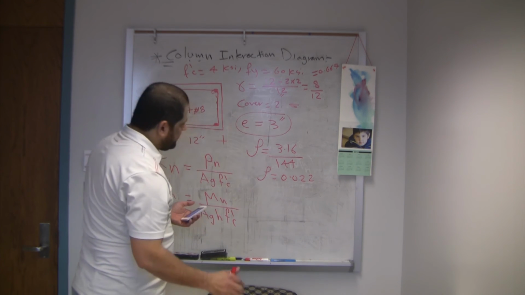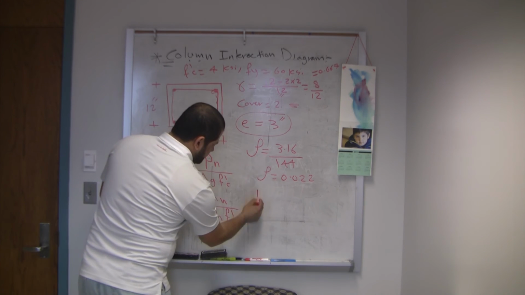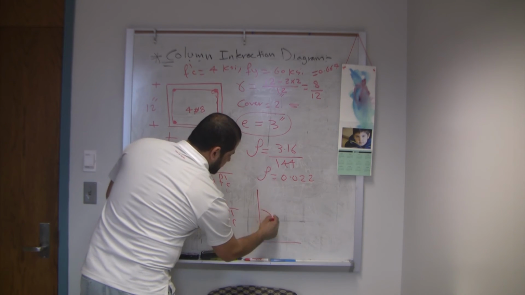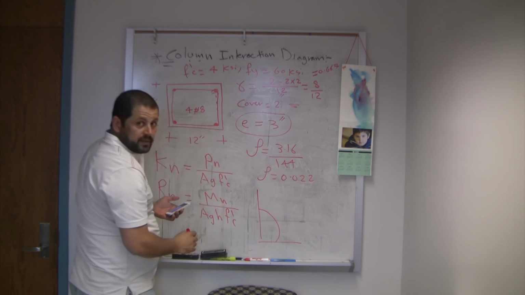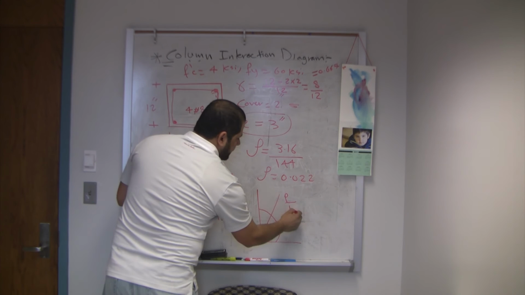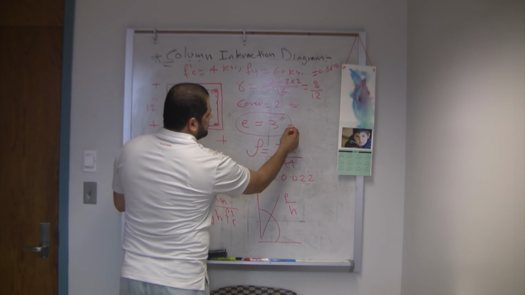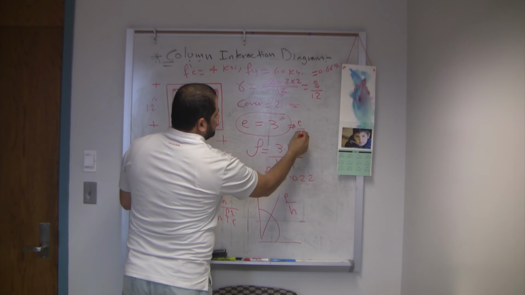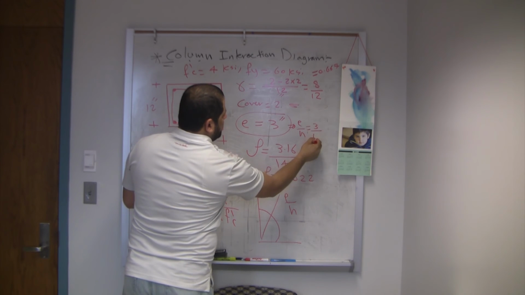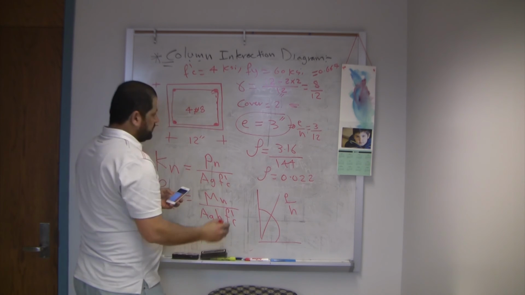The interaction diagram, as I told you, will have this rho, and it has this radial line for E over H. In our case, E over H equals 3 over 12, which is 0.25.